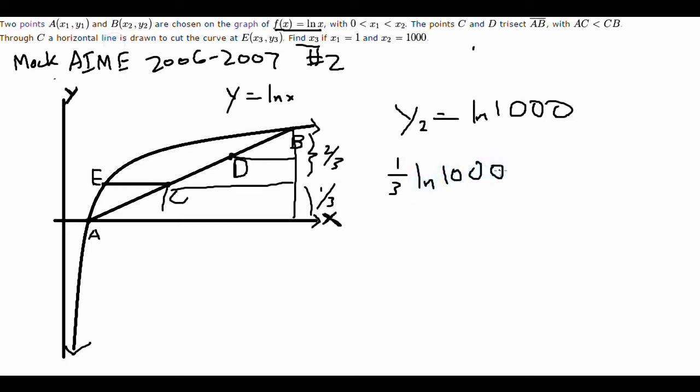And if you watched our log videos, you know that this is equal to natural log of 1000 to the 1/3.